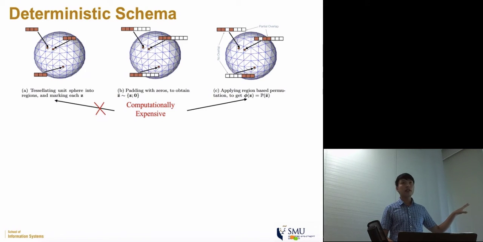The first problem is that it is very expensive to locate the position of one dense factor on the unit sphere. Now it can be solved effectively. The second problem is that we need to store all the permutation mappings for all the regions on the unit sphere.